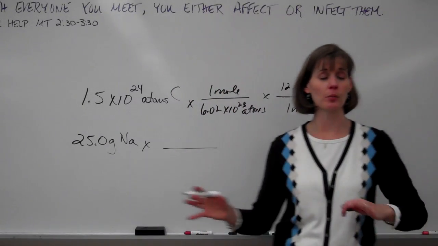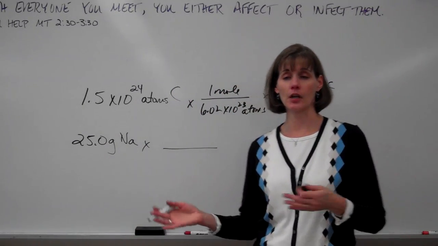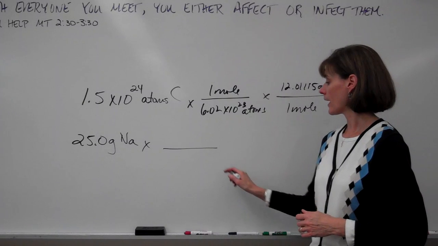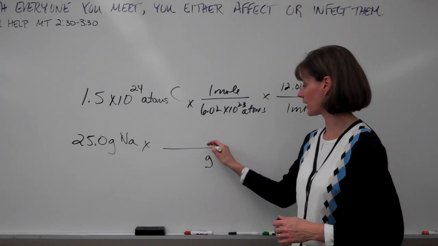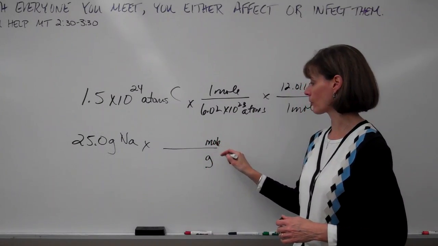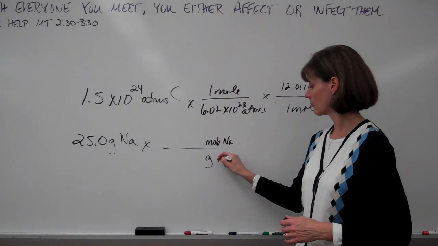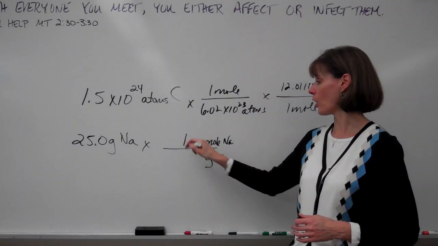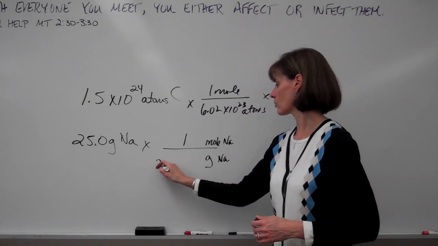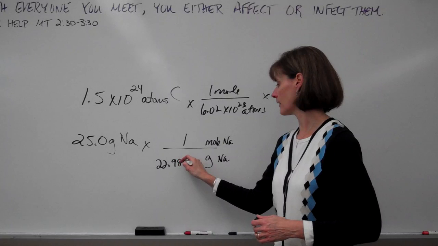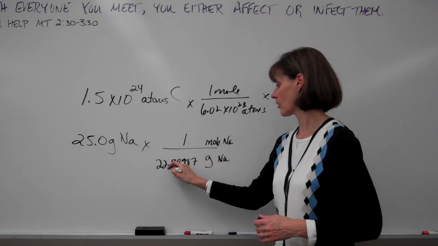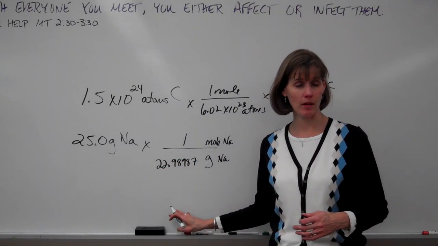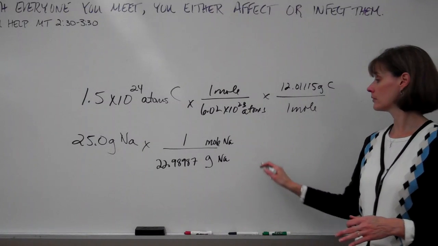Mole is the stepping stone between particles and grams. So, how do we cancel grams on the bottom and turn it into moles? Divide by molar mass. 1 mole is 22.98987 grams for sodium. But we're not done there.